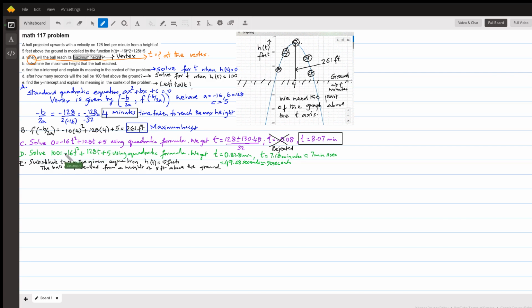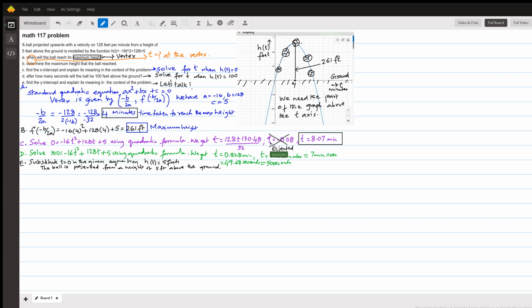So that's what I did in part C. I didn't show you all the detailed calculation here. When you simplify the quadratic formula, you get two answers, t equals negative 0.08 and t equals 8.07. And we know negative 0.08 doesn't make sense in this context, so that's rejected. Now let's go to the part where it says, explain its meaning in the context of the problem.